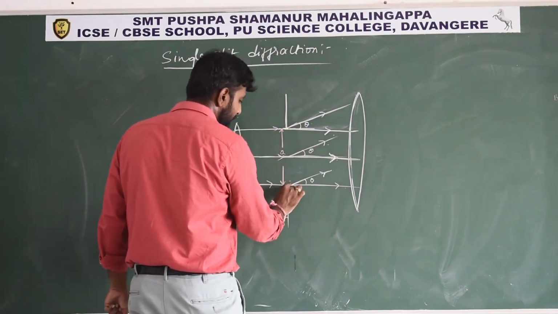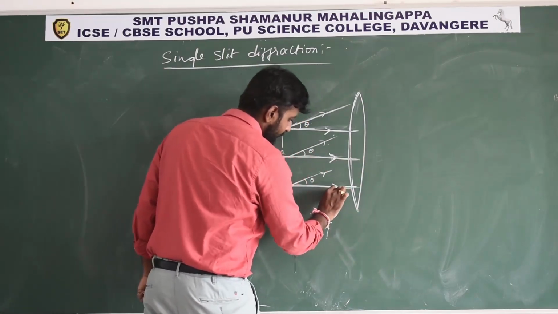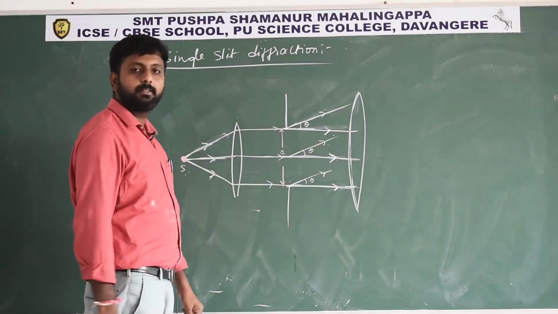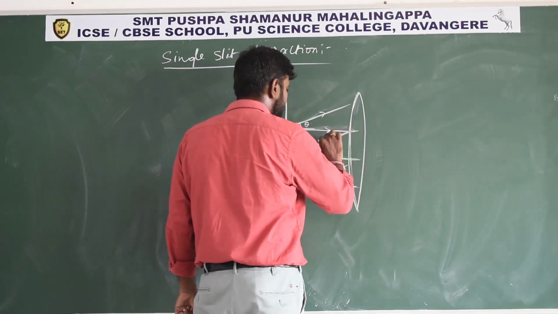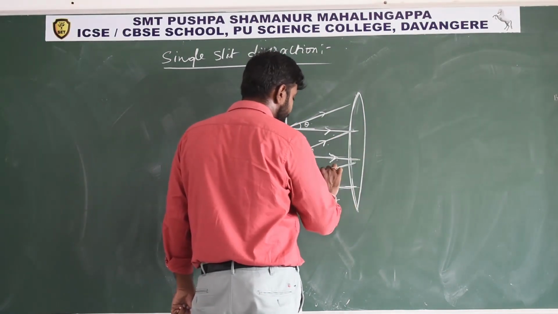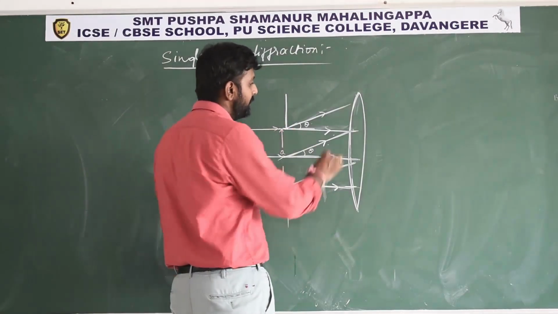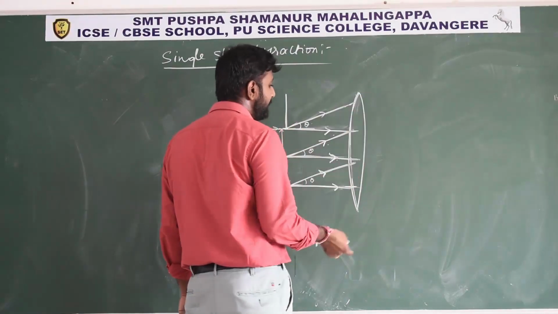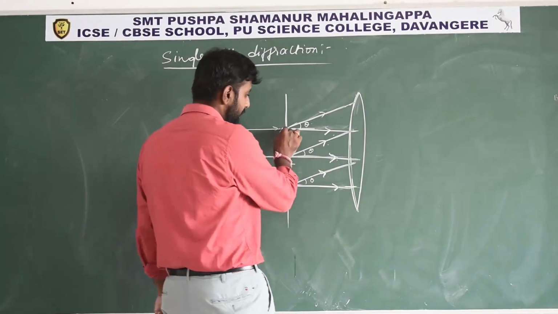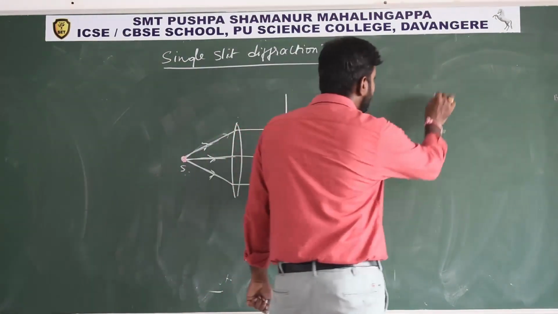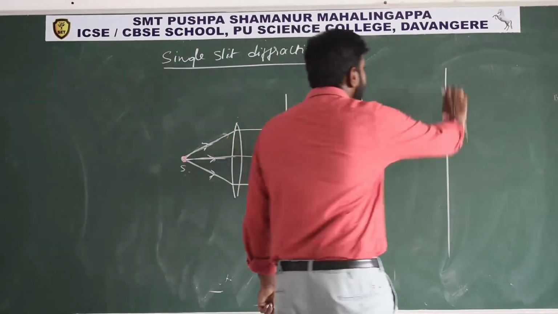The first set of light rays are parallel to each other and parallel to the principal axis, and the second set of light rays are parallel to each other, but making some angle theta with the principal axis.